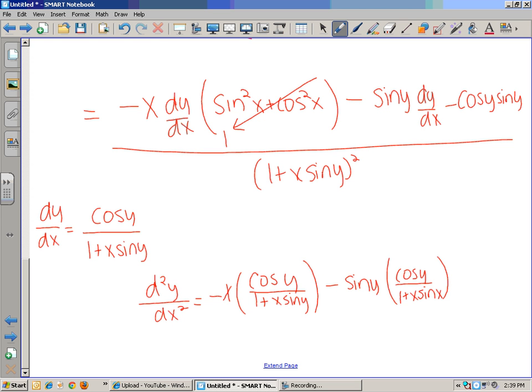Upon evaluating, if you knew the point, you could easily simplify this. There's no doubt you can all handle that. And then that's all over 1 plus x sine y. Miss Collins, that's a sine y.